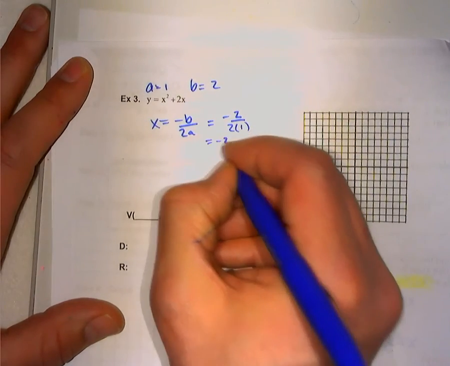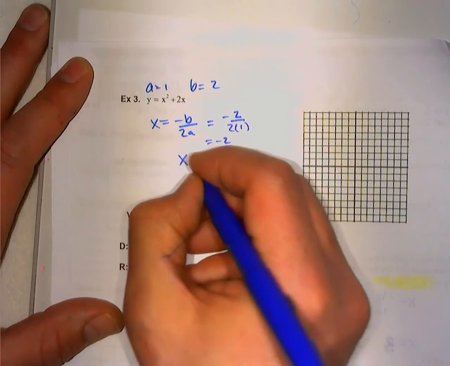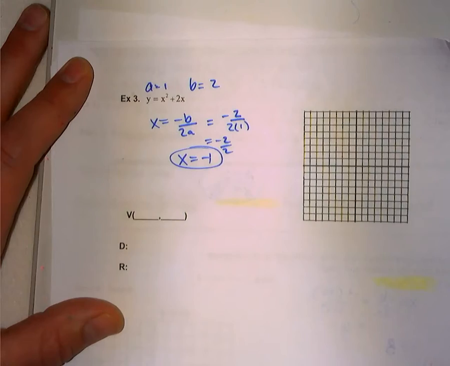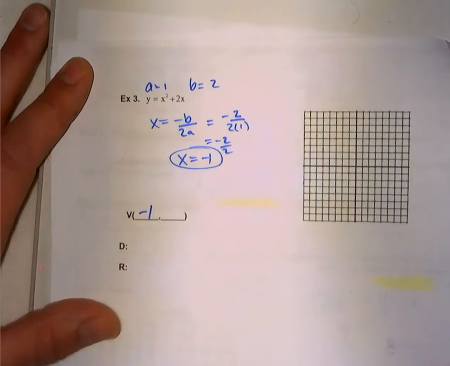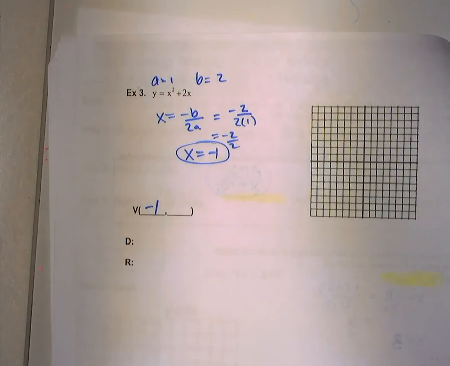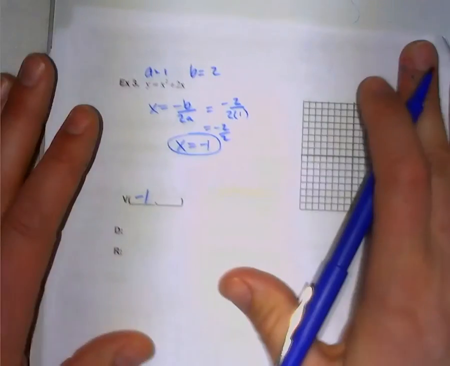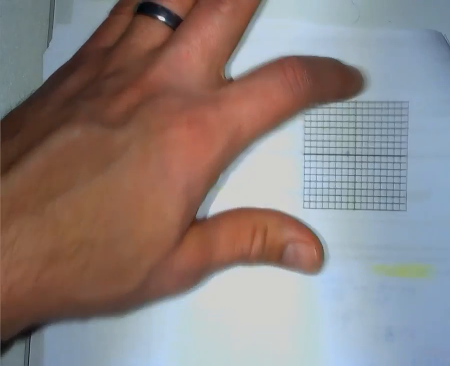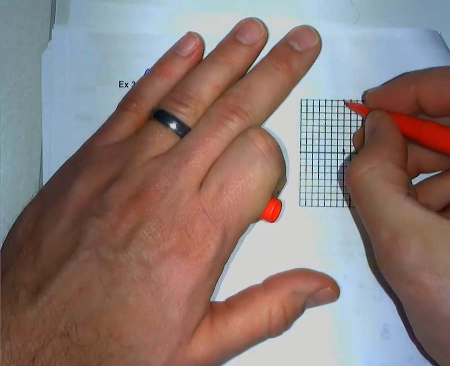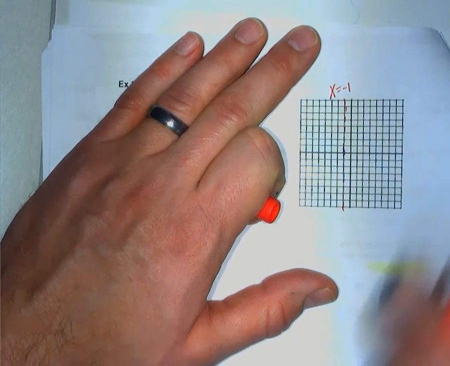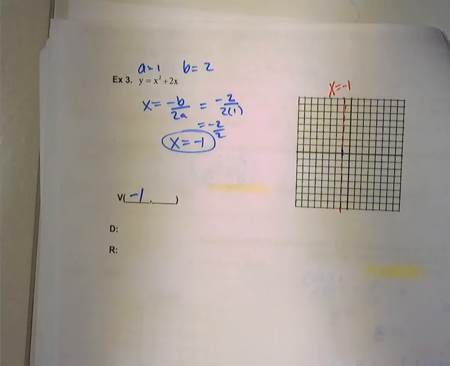That's negative 2 over 2, which we know is negative 1. I think that's what I heard Colton say earlier, right? That's your axis of symmetry. That cuts your graph right in half. So I'm going to count over to negative 1 on the x-axis, and I'm going to make that nice, pretty axis of symmetry. And I always like to label it so I can see it.